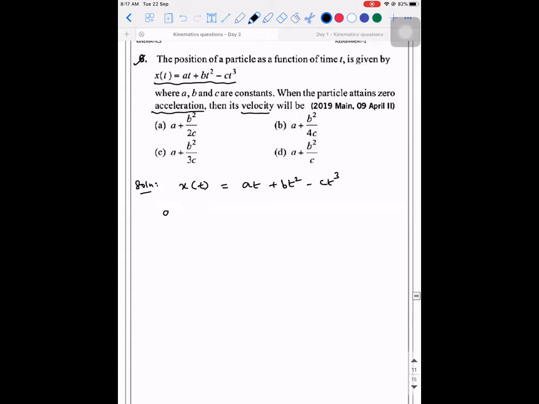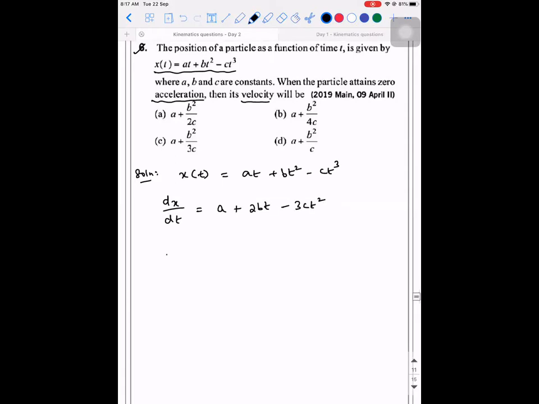So how to do this? dx by dt, how much? a plus 2bt minus 3ct square. d square x by dt square is 2b minus 6ct. So when this is 0, what is the value of time? b divided by 3c. Right? That is what they told, no?